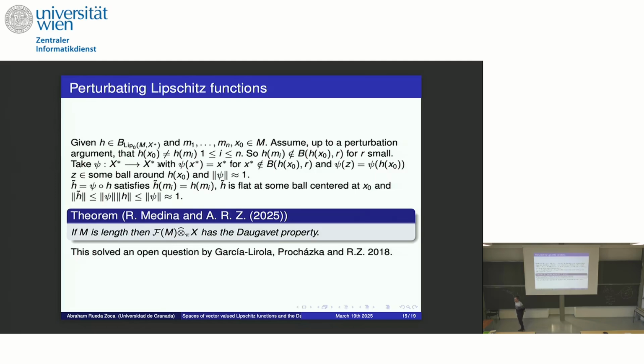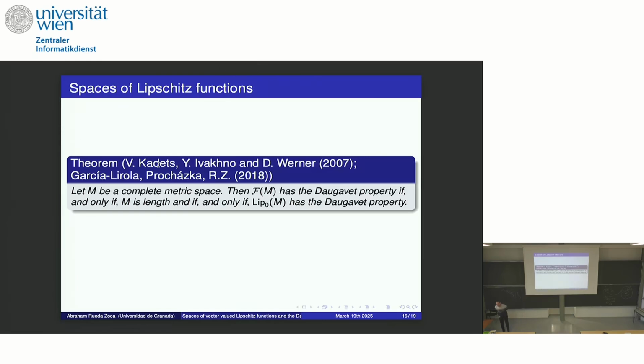Okay, I have to confess that when I told you the characterization of the Daugavet property, I told you half of the truth, which is not the complete truth. The complete truth is that F of M has the Daugavet property if and only if M is length and the dual has the Daugavet property.